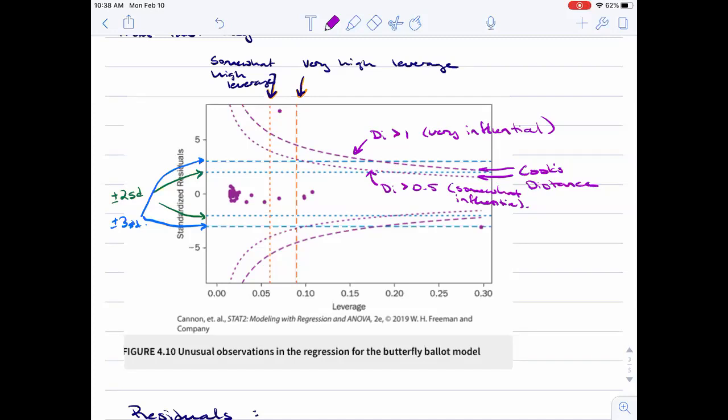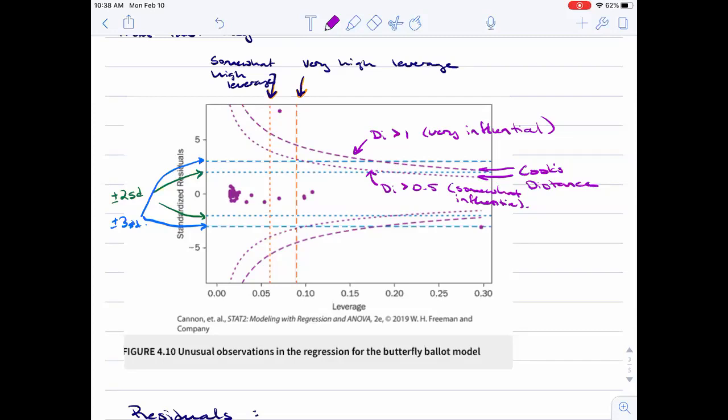All I want you to do is be able to look at this and tell me if there are any influential outliers on here. Yes, there are 2, this one here and this one here, both of which are more than 1 Cook's distance away.